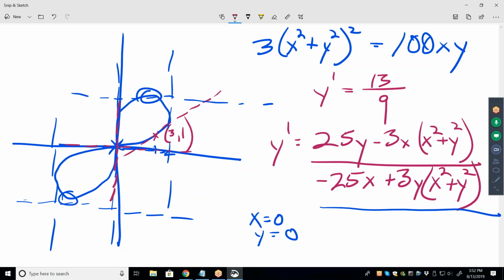Yeah. Good question. If you look at this derivative function, you can tell that when x is 0 and y is 0, the denominator is 0. Okay? It definitely tells you the slope of the tangent line is infinite. In other words, it's a vertical line. Yes.